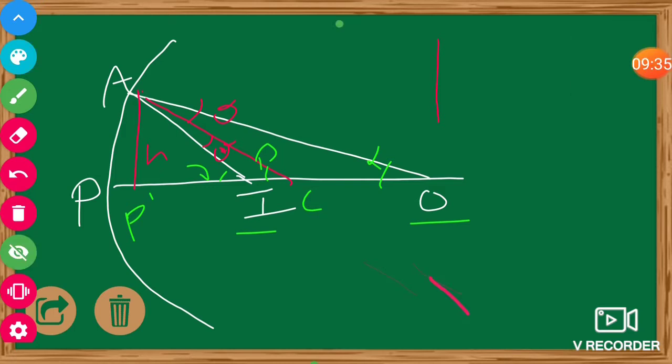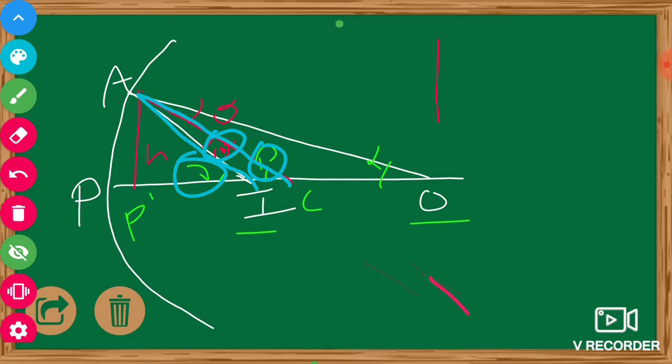So here I can find the triangle ACI. From this triangle ACI, I found that here also we have two interior angles, beta here and theta here, and the exterior angle here is gamma.